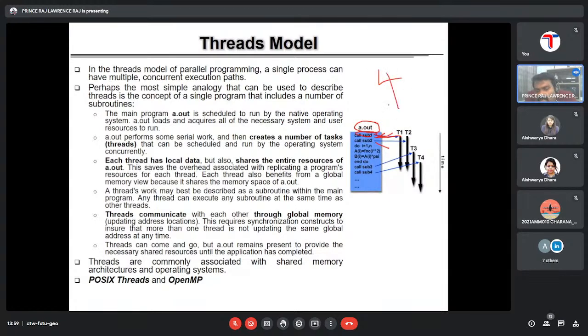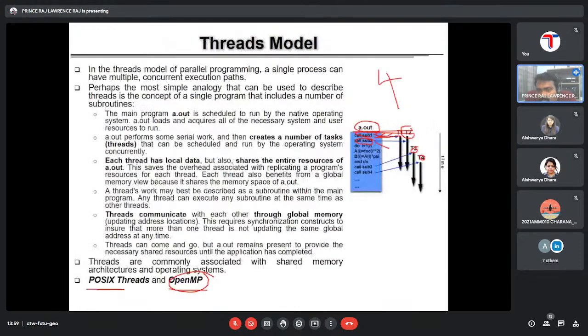The second call will be taken by T2, the second thread, and the remaining work will be done by T3 and T4. Likewise. So with respect to time, these threads will process in a different way. For example, POSIX threads and OpenMP are examples of the thread models. Often people use OpenMP in the field of CFD.